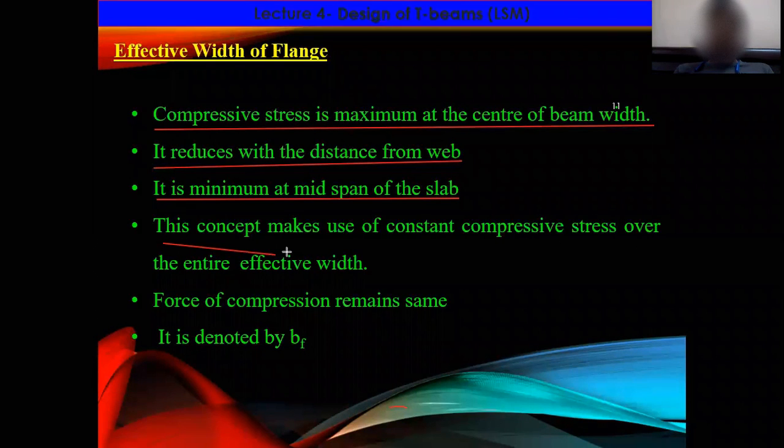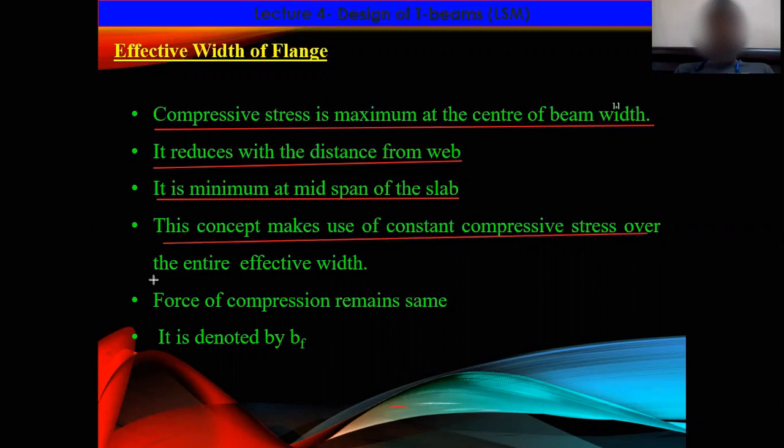So this concept makes use of constant compressive stress over the entire effective width. That is what we are achieving by simplifying: constant compressive stress over the entire effective width, and the force of compression remains the same. It is denoted as bf, that is the effective width of the flange.